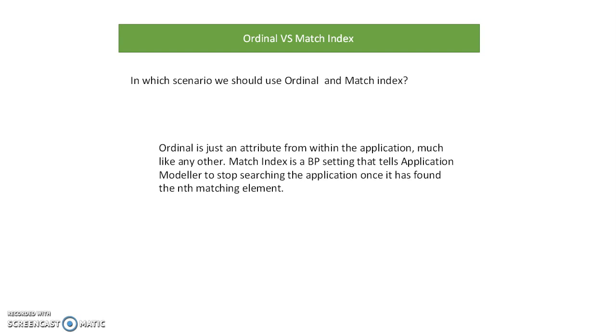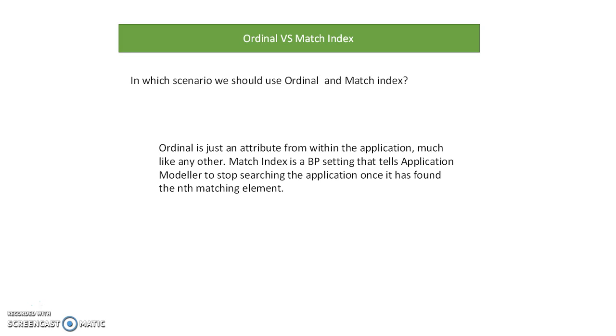So what would be match reverse? Match reverse starts from the end, the 10th element. If it matches with the 9th, then it will stop searching. But ordinal is different. Ordinal is usually used in Windows applications to capture these values.